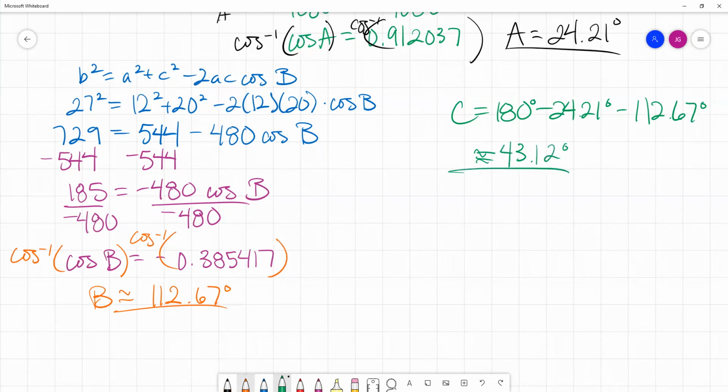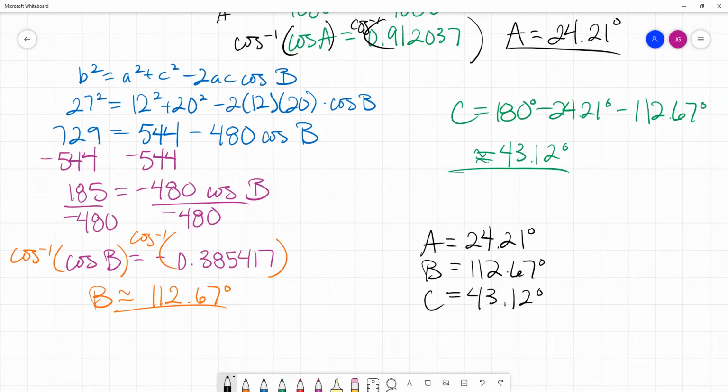Okay, and so now we go ahead and write our answers down in one place. A is 24.21 degrees, B is 112.67 degrees, and then C is 43.12 degrees. And there is our answer.